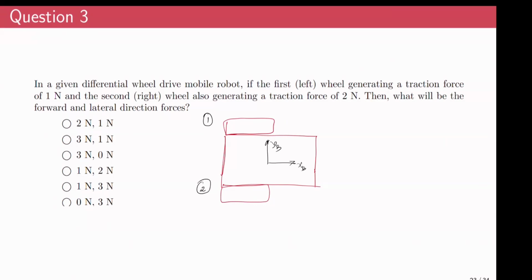We'll mark this direction as the longitudinal direction, and we'll mark this direction as lateral direction. And also we'll consider this side, wheel 1, to be the left side and wheel 2 to be the right side.